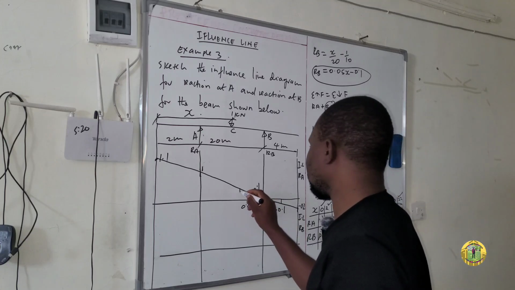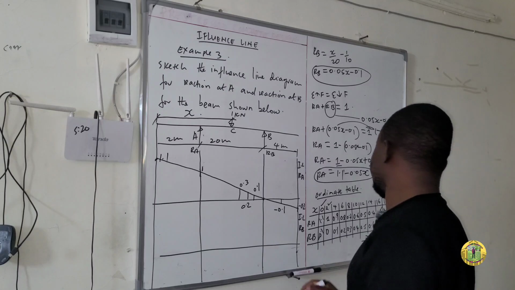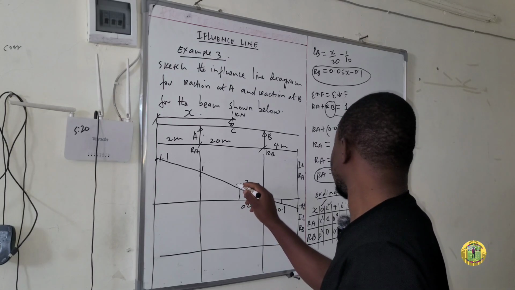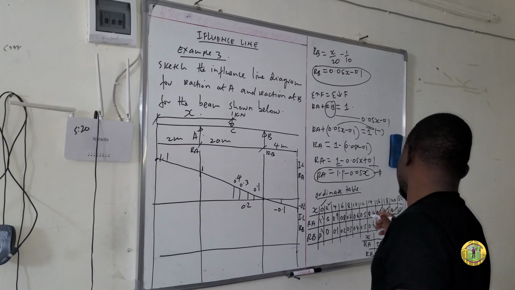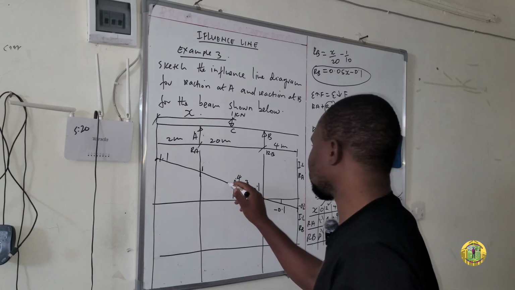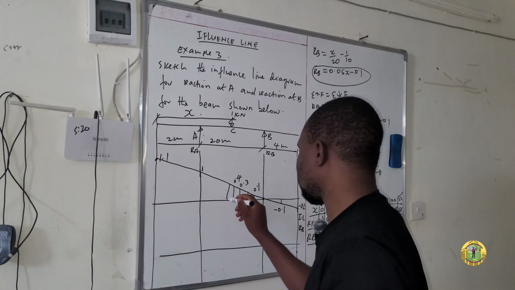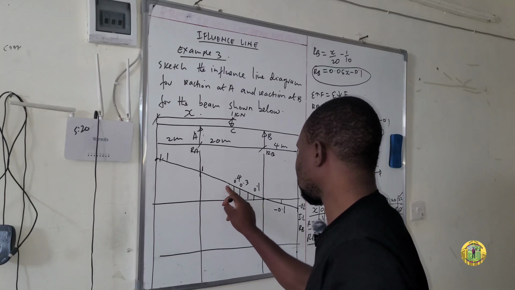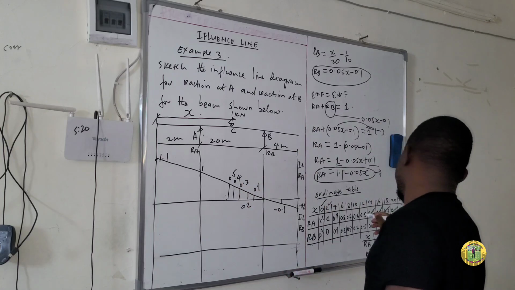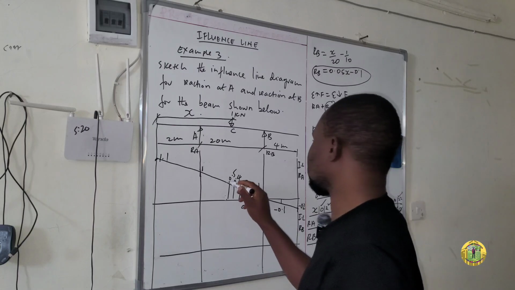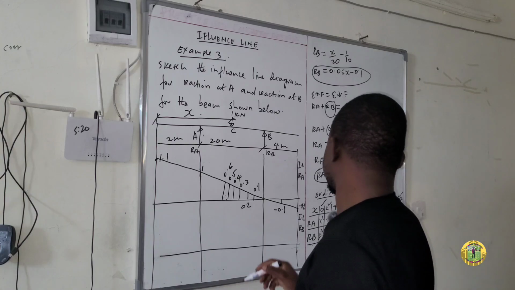16, 0.3. Done. 14, 0.4. Done. 12, 0.5. Done. 10, 0.6. Done. 0.7.